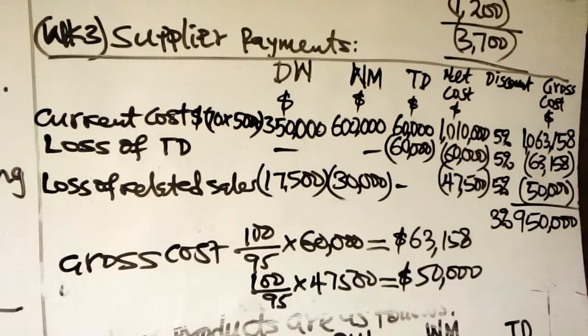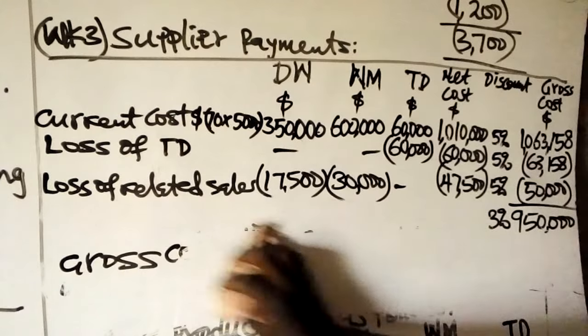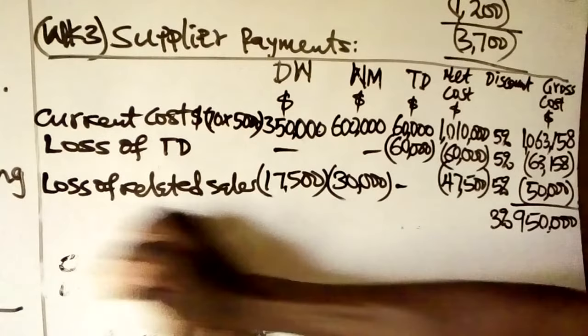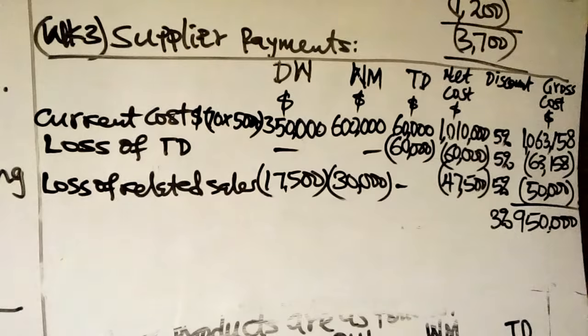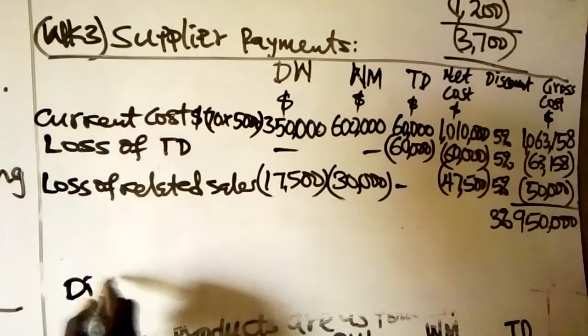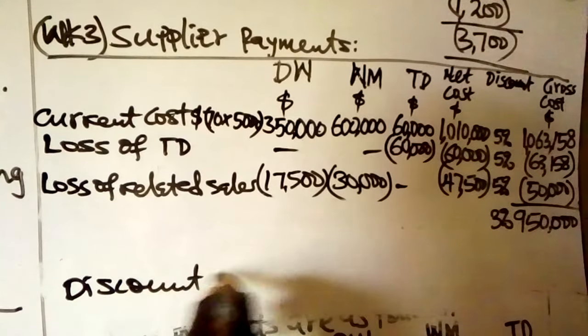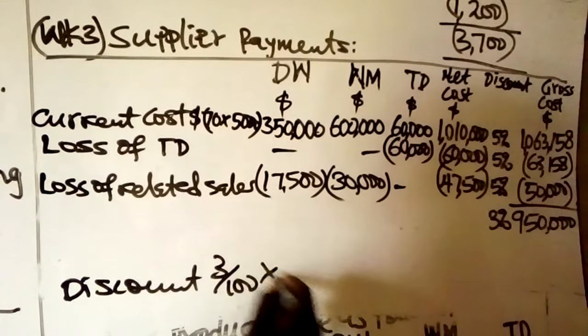If you reduce your discount to 3%, the net cost is calculated as 3% of 950,000.